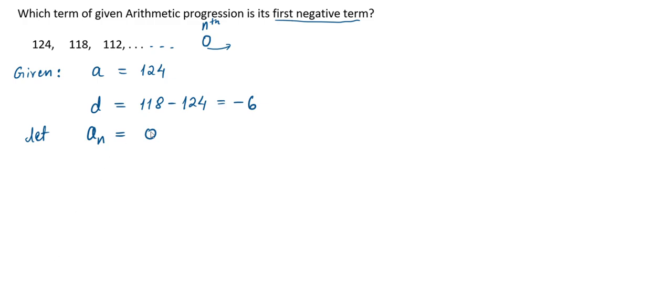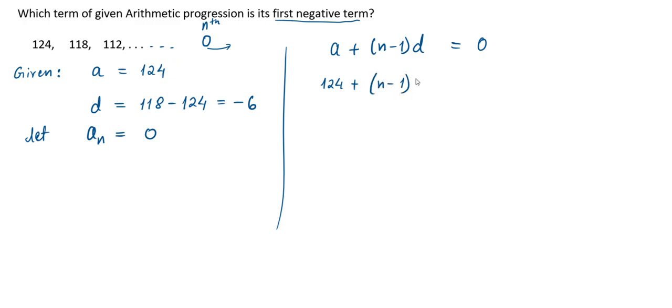The nth term is given by a plus (n minus 1) d, and we are considering it to be 0. Let's substitute all the values. So 124 plus (n minus 1) times -6 equals 0.